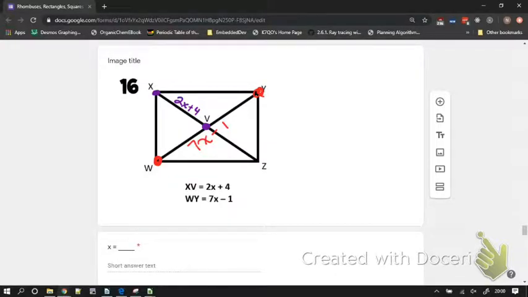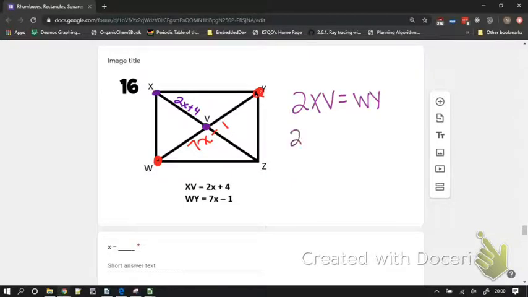So in a rectangle, the diagonals are congruent. And because a rectangle is a parallelogram, the diagonals bisect each other. So one way of doing this would be to take 2 times XV and set it equal to WY. XV is only half of the diagonal, so we would have to multiply it by 2 for it to equal the whole other diagonal.